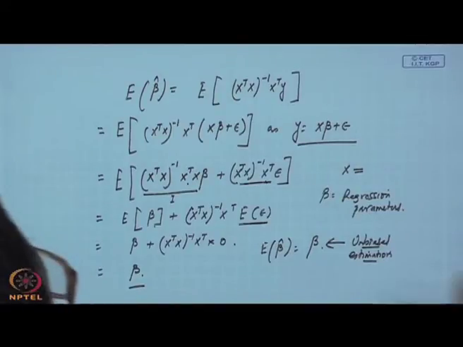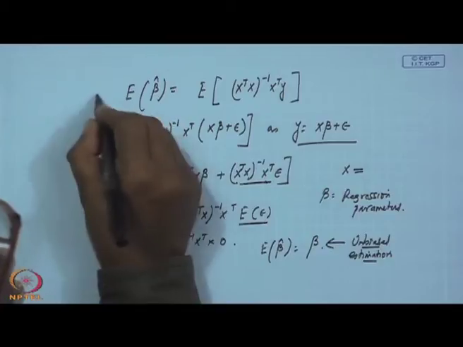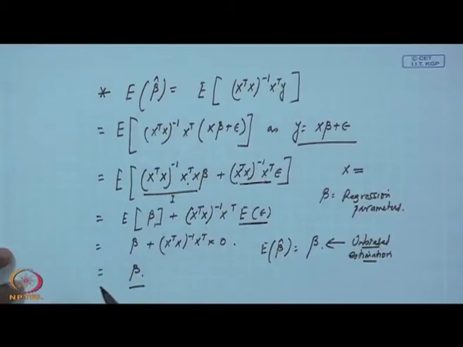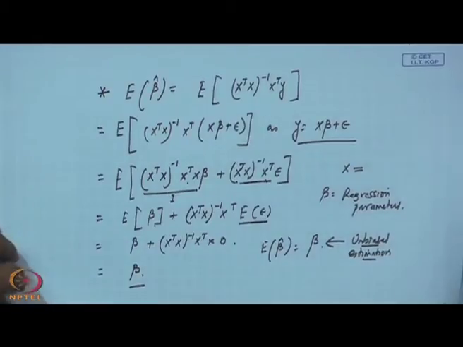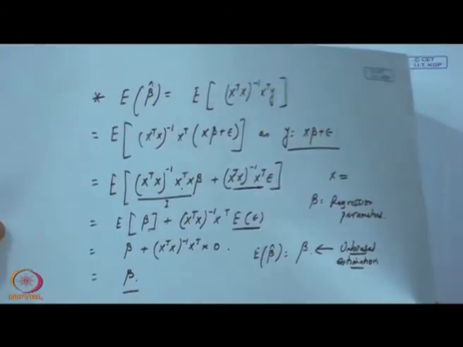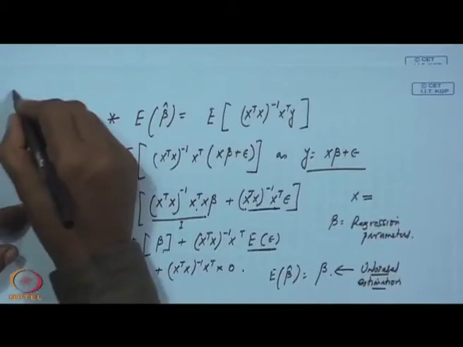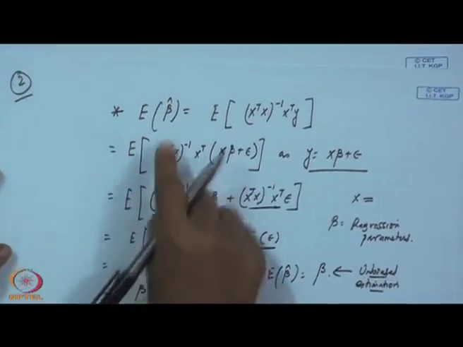Okay. So, first we have taken the expected value of beta cap. We want to know also the covariance matrix of beta cap.